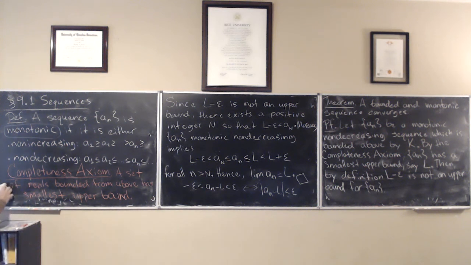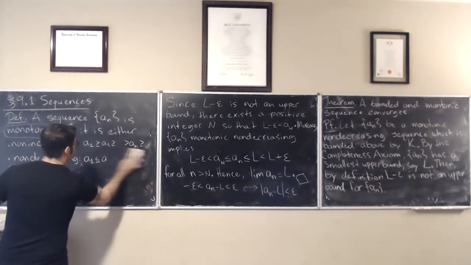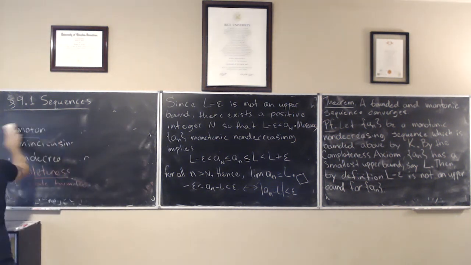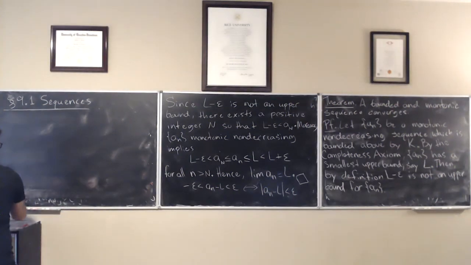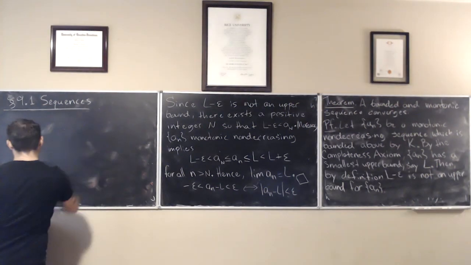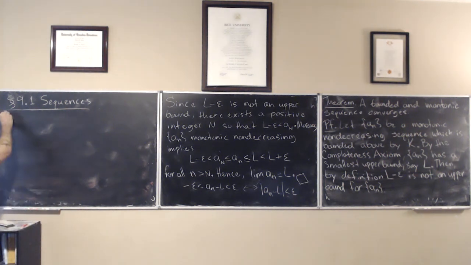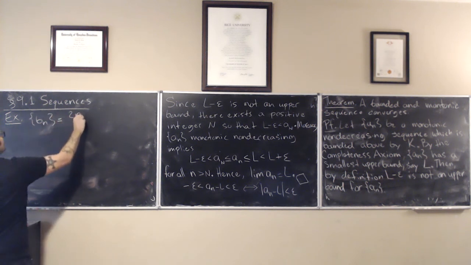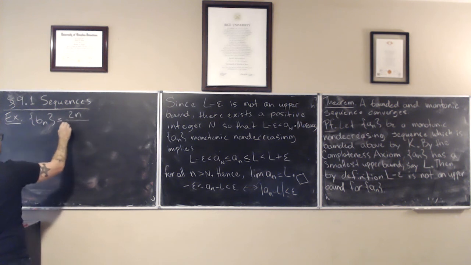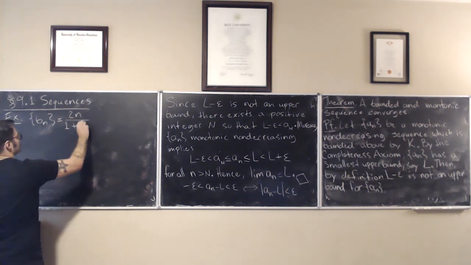So how does this work? Let's look at an example of using that theorem. Maybe b sub n equals 2n over 1 plus n.